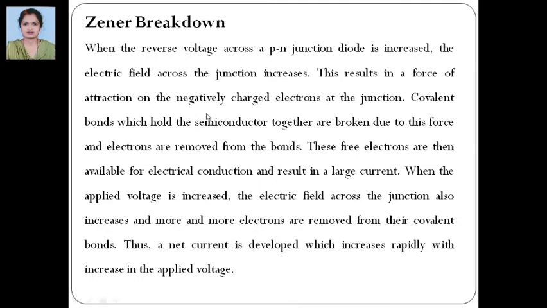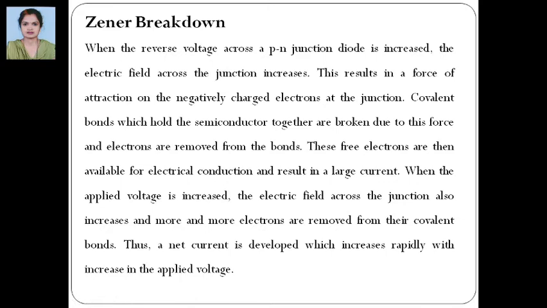These negatively charged electrons are attracted towards the positive, and hence covalent bonds which hold this semiconductor are broken due to this force, and electrons are removed from these bonds. Now these electrons become free for conduction and hence form a very large current.